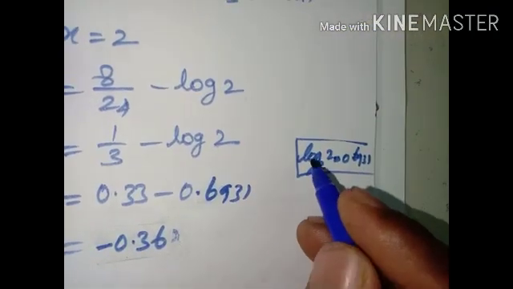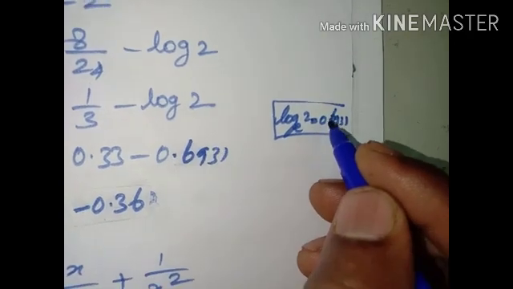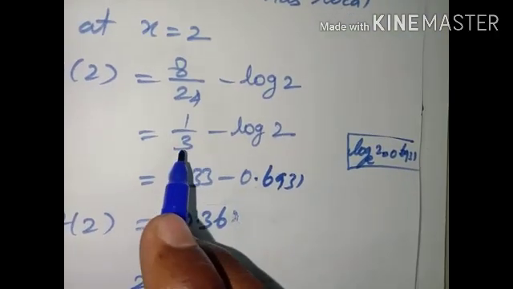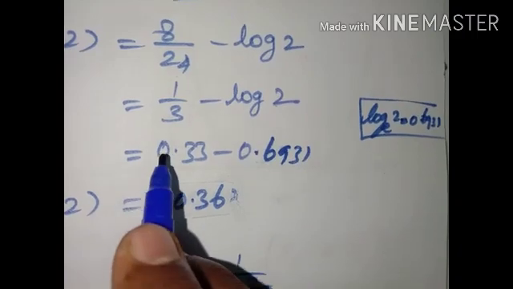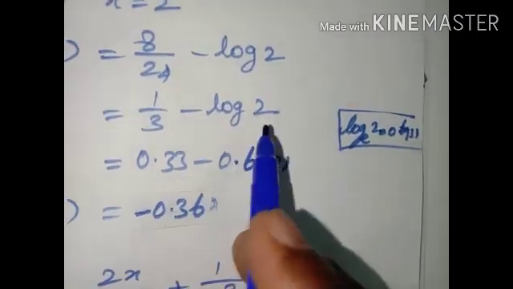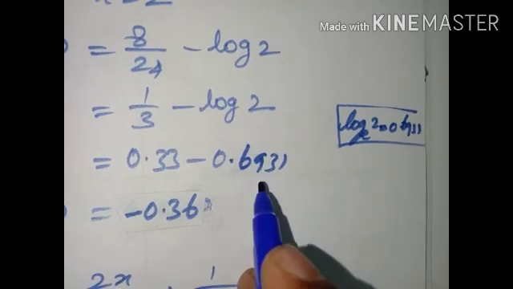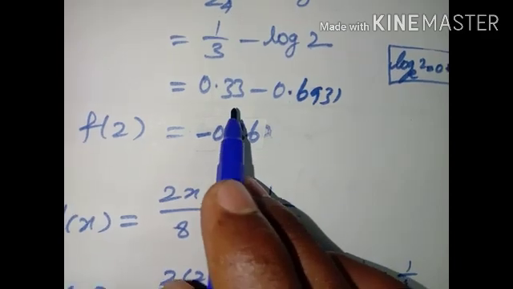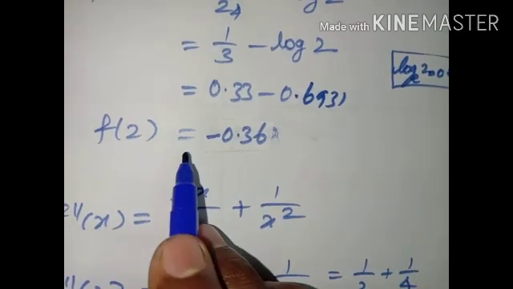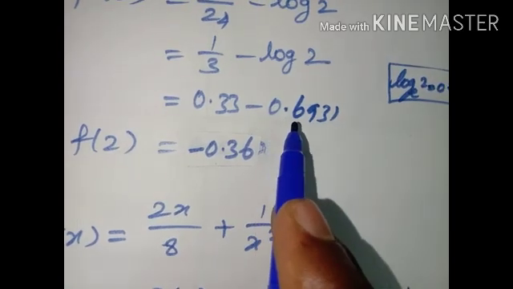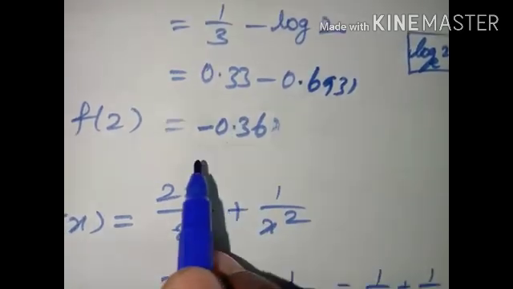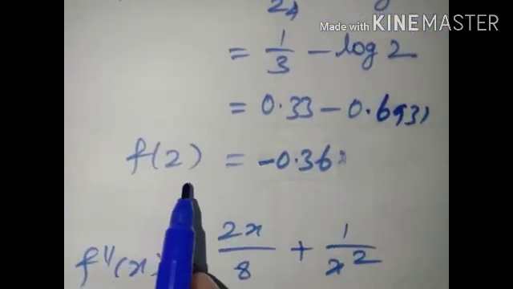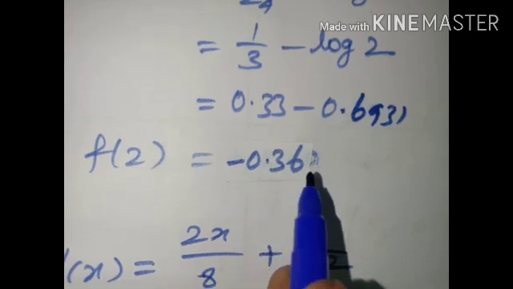Log 2, that is log to base e of 2, is 0.6931. So 1 by 3 is 0.33, minus 0.6931. Substituting, f(2) is 0.33 minus 0.6931, and subtracting gives minus 0.36. So f(2) equals minus 0.36.